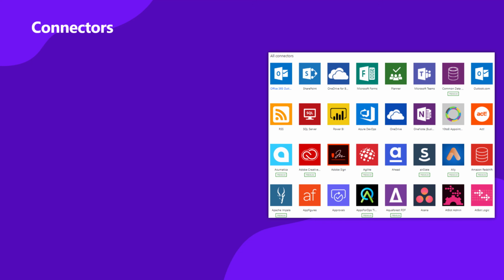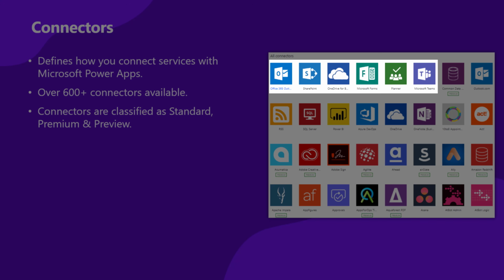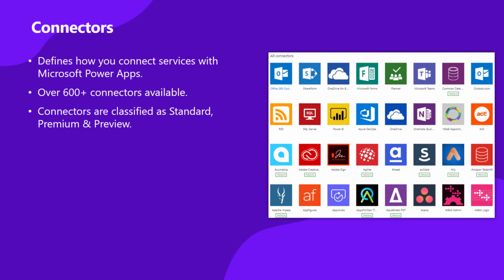The key about Canvas apps is you can mix and match data from multiple data sources. And the way you connect to your data sources is through the connectors. These connectors are classified as standard, premium, or preview. Standard connectors are connectors that are covered under most of the Office licenses. Examples of standard connectors are Outlook, SharePoint, Planner, Teams, and more.